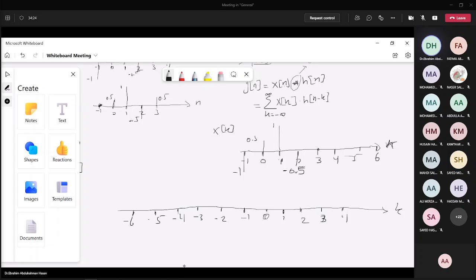So this is h of n minus k. If you flip it, then this point will be at 1. This is at 0. This is -1. This is -2. This is -3.